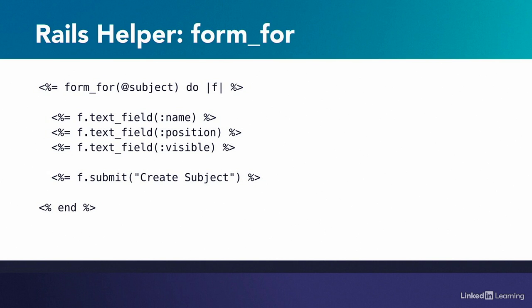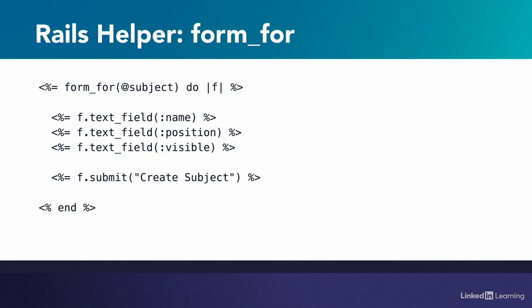So these helpers are going to help us generate the HTML that we need. What's going to be output is still just basic HTML, but this gives us some benefits. First, the form_for object knows whether the object is saved or not. If it's a saved object, then it knows we want to do an update action on it. And if it's not a saved object, it knows it's going to be a new or create action. It adjusts the form accordingly for us.